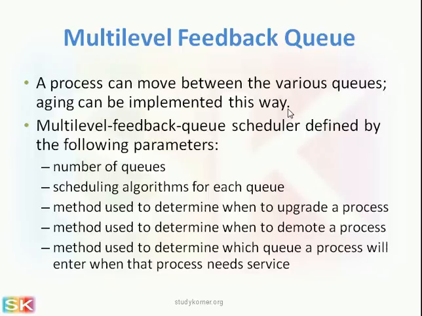right? So a multi-level feedback queue scheduler is defined by the following parameters: the number of queues, that is how many queues are there; the scheduling algorithm for each queue, that is within a queue which scheduling policy will be executed; the method used to determine when to upgrade a process, that is the solution of aging; the method used to determine when to demote a process; and the method used to determine which queue a process will enter when that process needs some service, right?